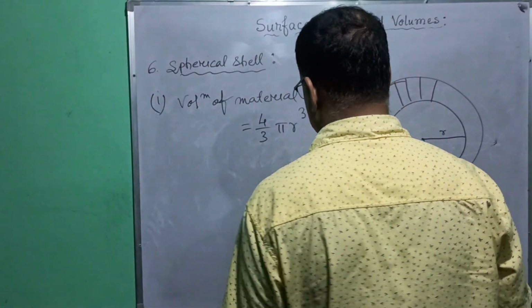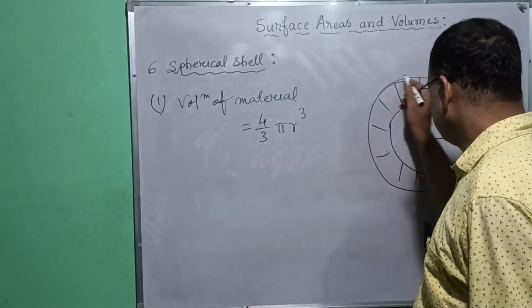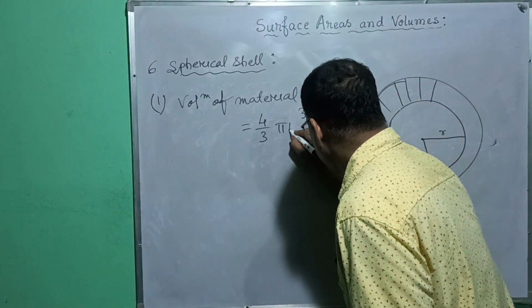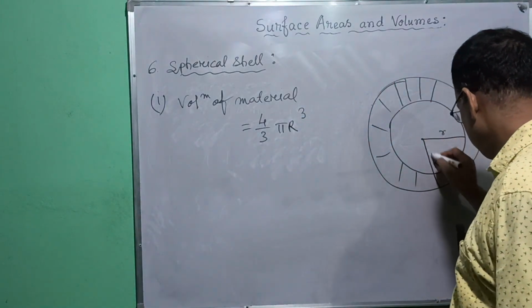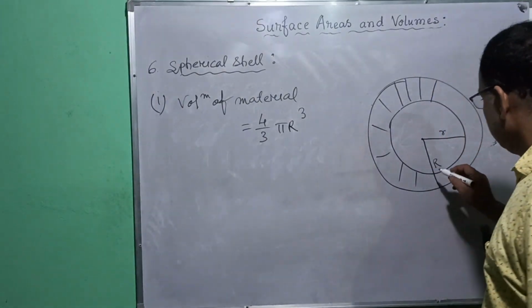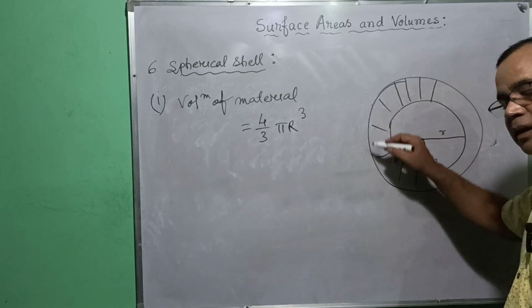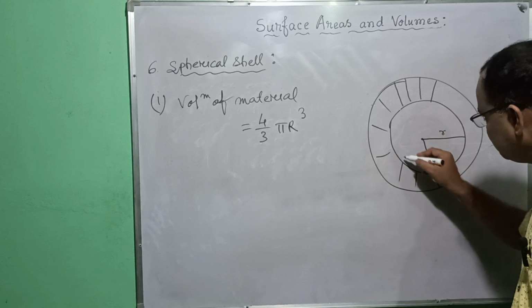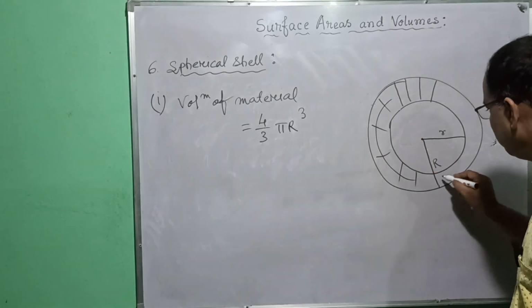The volume of the outer sphere is 4 by 3 pi capital R cube, as the outer radius is capital R. Now from this outer volume, if we subtract the inner volume, then we will get the material.